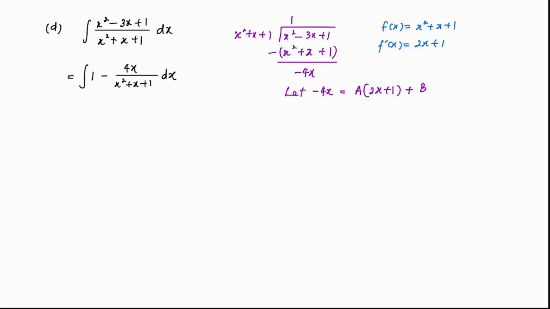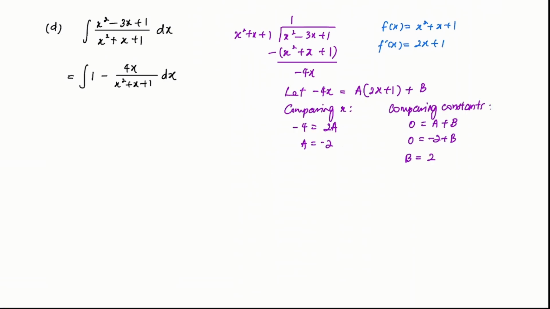Okay, because of this, let me rewrite the fraction into these two fractions. Now we will also try to complete the square for this so that we can roughly see what's going on at this step.